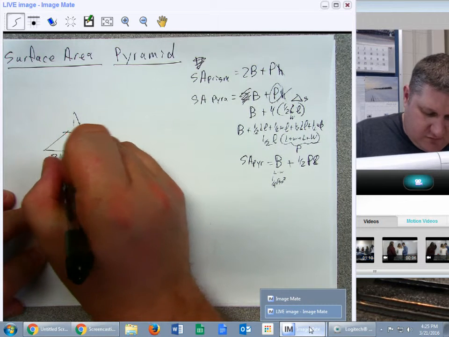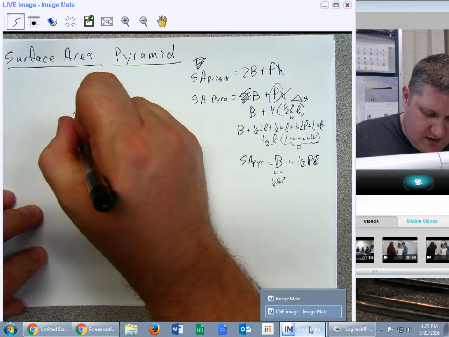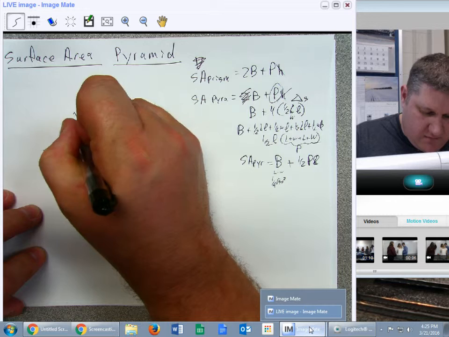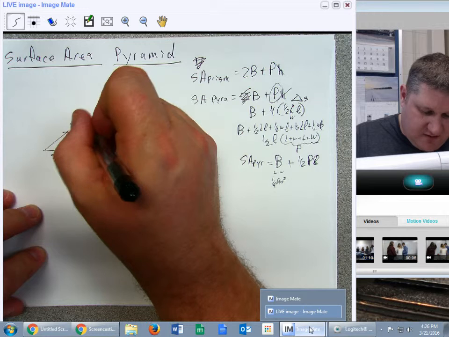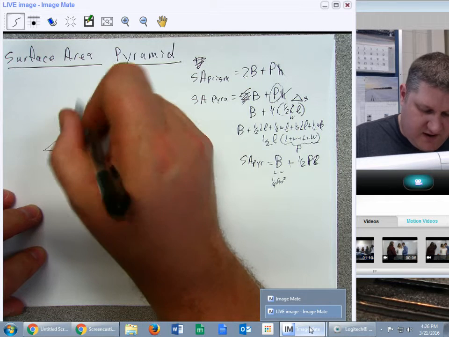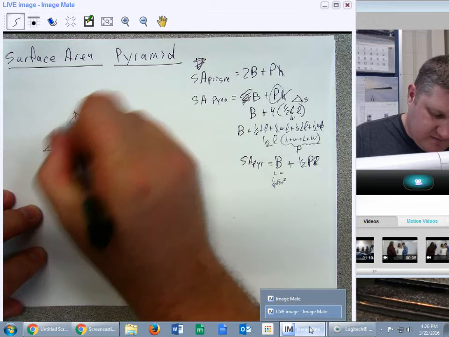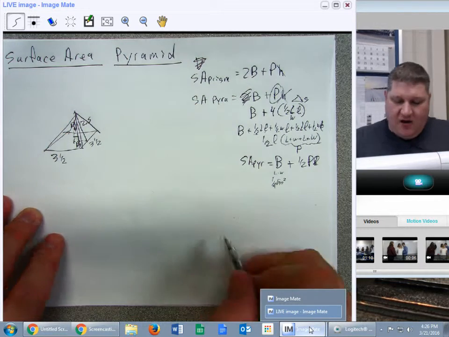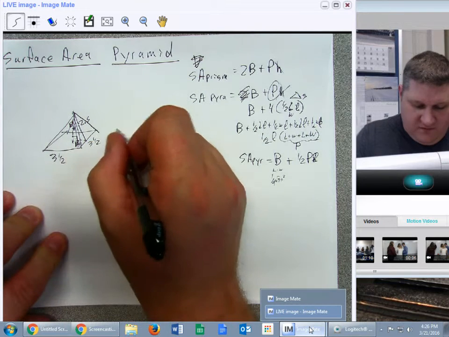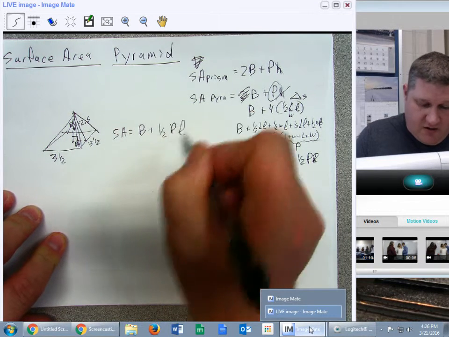And if this is 3.5 wide by 3.5 wide, and it is 1 3/4 tall, by the way, I could take 1 3/4 here and 1 3/4 here, use the Pythagorean theorem, and I'm going to come up with something around 2.5 for the slant height down that side. Put in all the rest of my heights here. Here we go. And now I can say surface area equals base plus 1/2 PL.